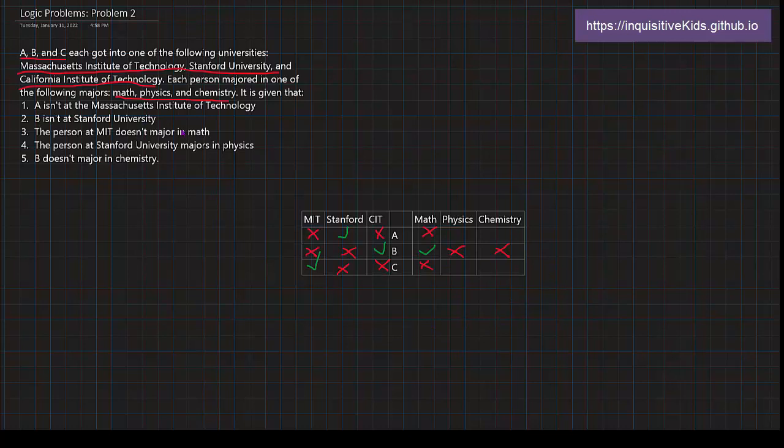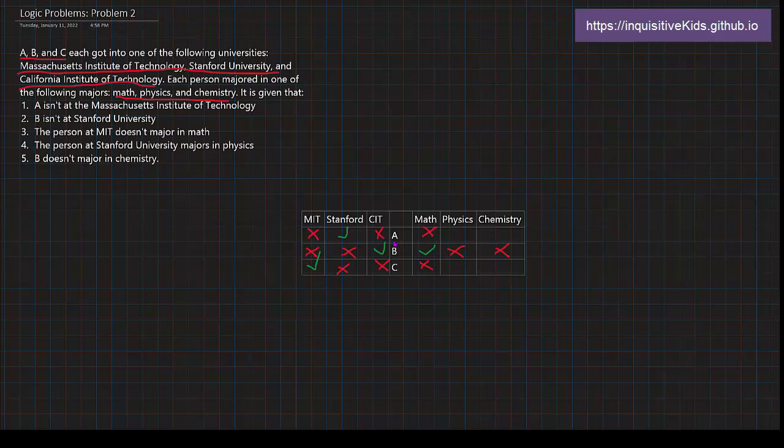Now let's go back and match the same things on the right side of the table. A is not at the Massachusetts Institute of Technology, we already know that. B is not at Stanford University, we already know that. The person at MIT does not major in math. So yep, we know that C does not major in math. The person at Stanford majors in physics.